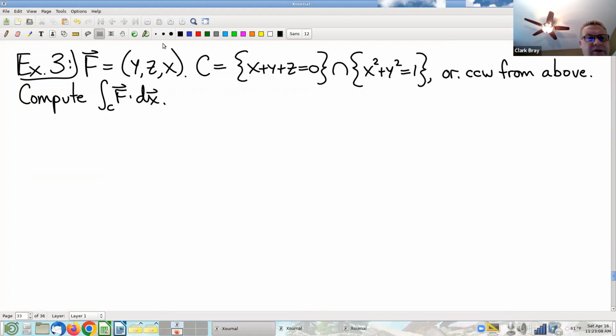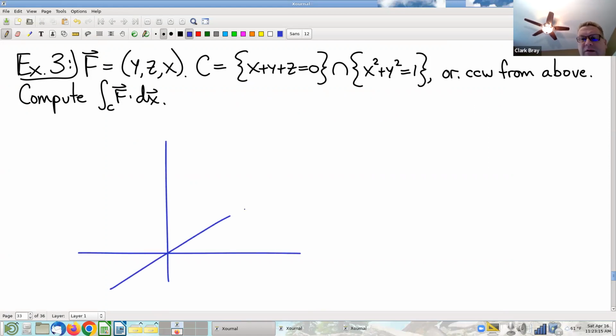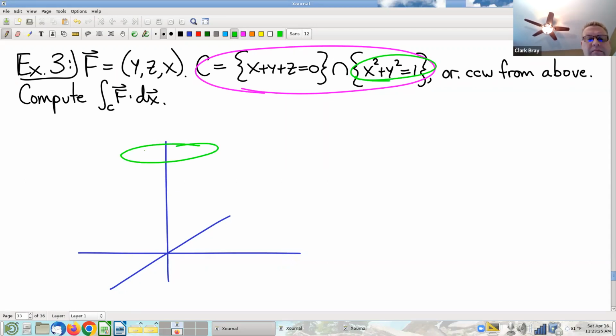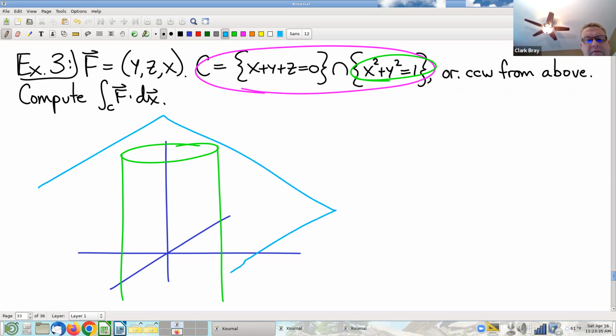Our picture is something like this. Let's see. So we're on the cylinder and we're cutting it with this plane. Yeah, so that's right. So our curve is, well, I better draw. Okay, the cylinder. And then the plane, like that. And so our intersection curve, something like that.